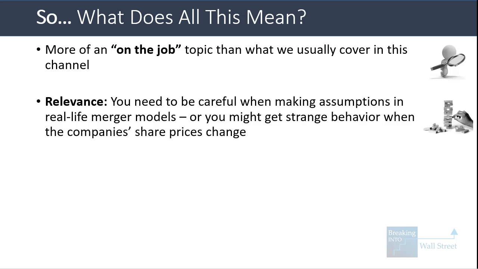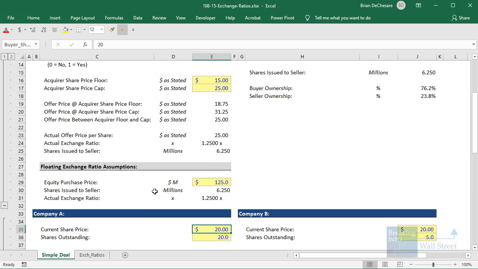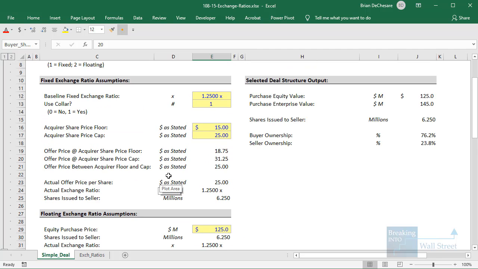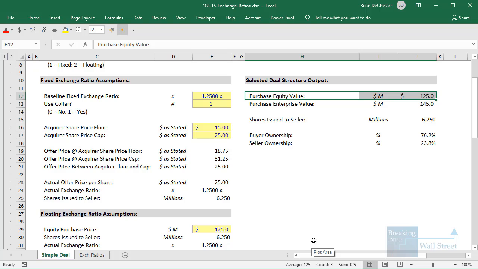For example, if you want to create a sensitivity that shows what happens when the acquirer's share price changes, and you don't have the collar or exchange ratio assumptions set up correctly, the math is not going to work. You're going to start seeing cases where the equity purchase price changes as the acquirer's share price changes, or maybe it stays the same when it shouldn't, because you haven't set up these assumptions correctly in your model.